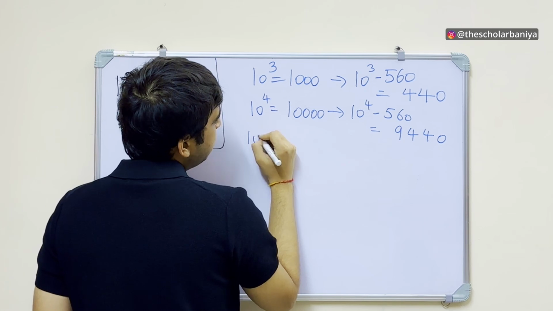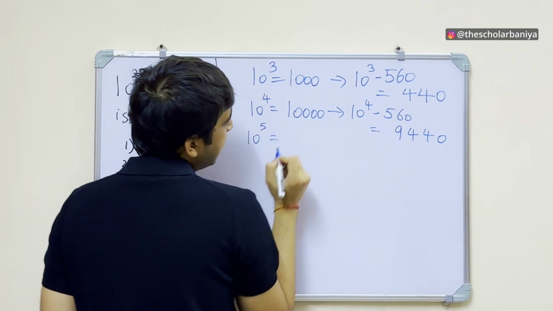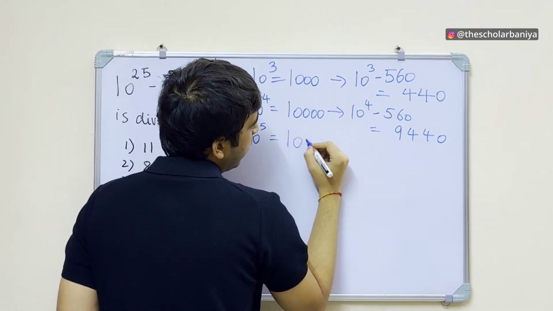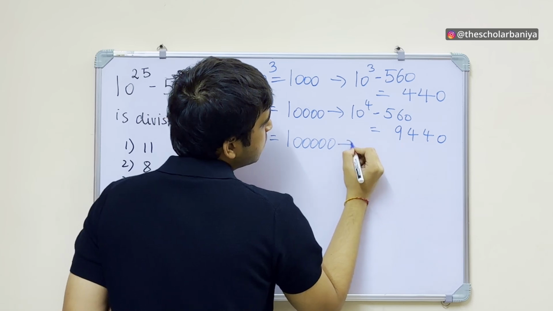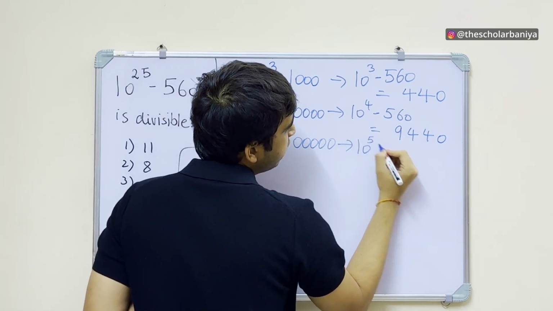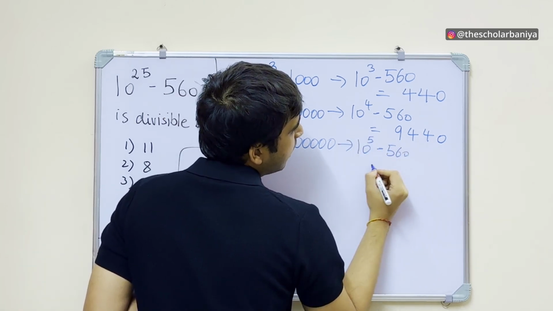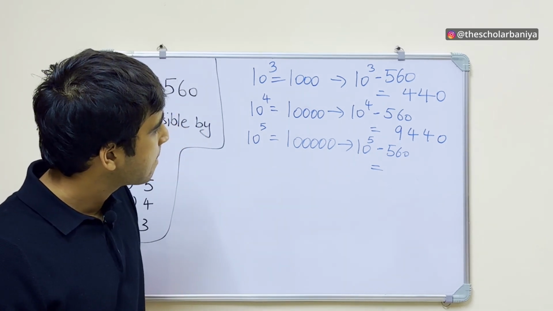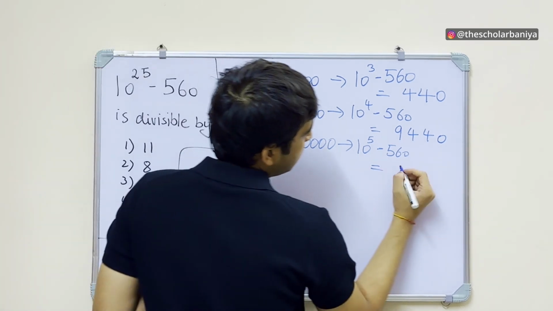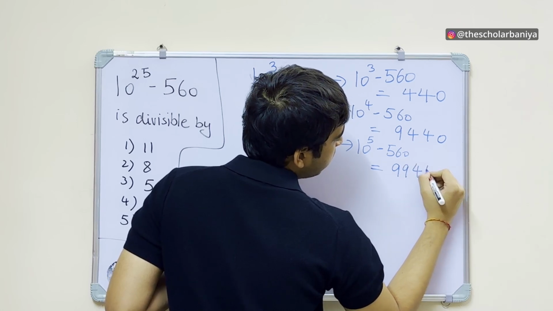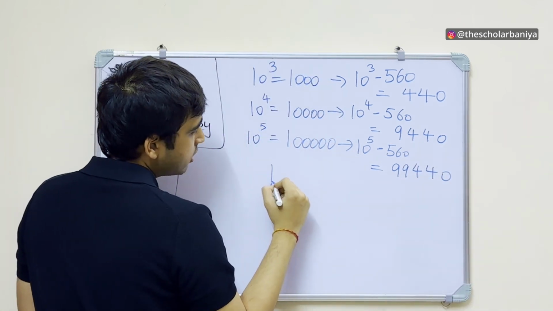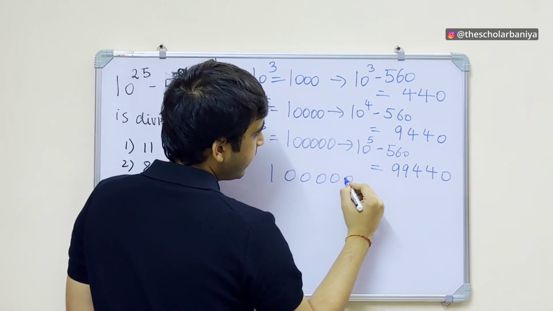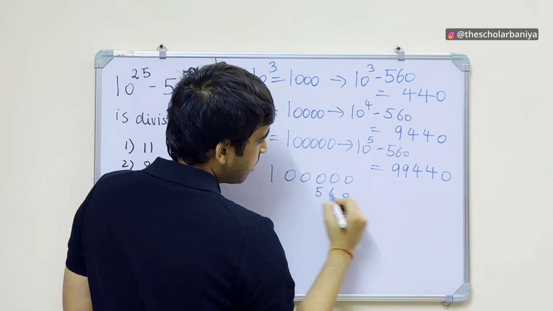Now let's take 10 to the power 5. So you have 1 followed by 5 zeros. That is 10 to the power 5 minus 560. How much is that? That will be equal to 99,440, right?